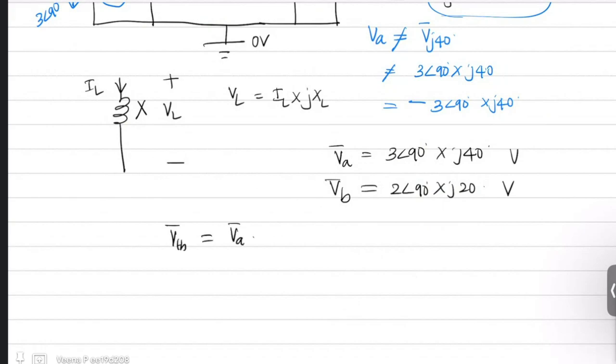V Thevenin is nothing but VA minus VB. 3 angle 90 is J3 times J40, which is minus 120. Your VA is minus 120 and your VB is 2 angle 90 times J20, which is minus 40.